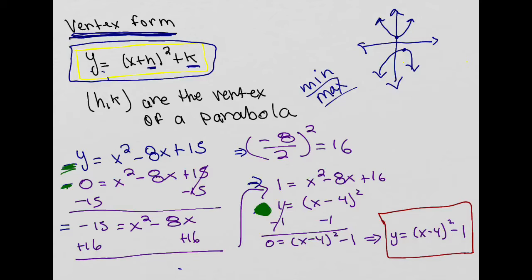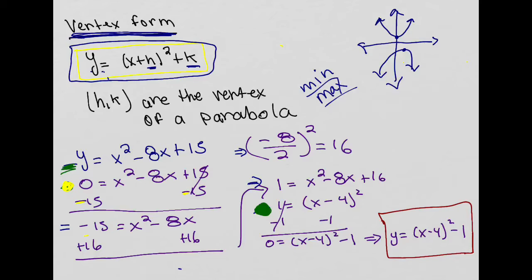From here, I'm going to use my completing the square process, which is to remove the c term, which in this case is 15. So I minus the 15.